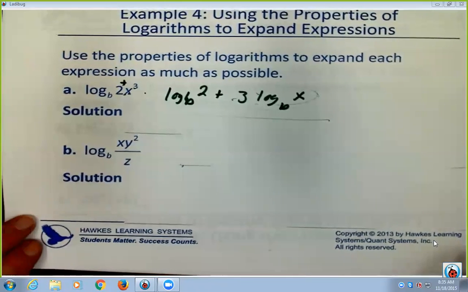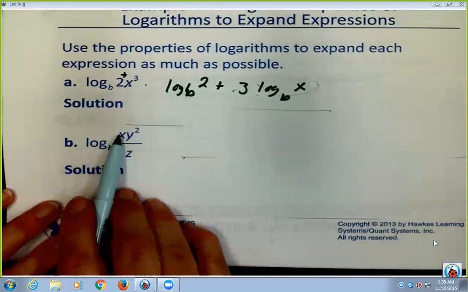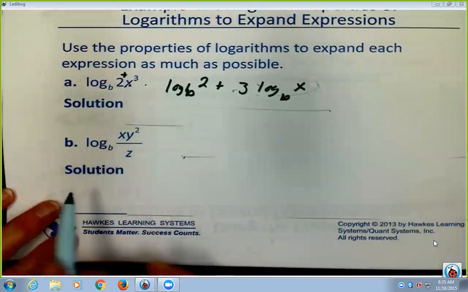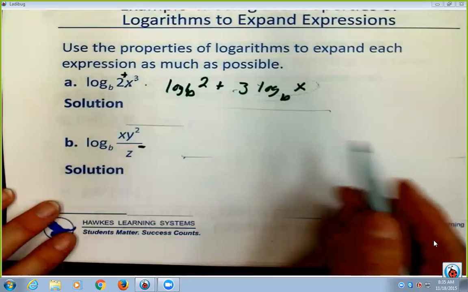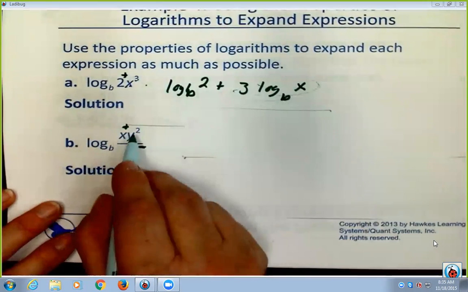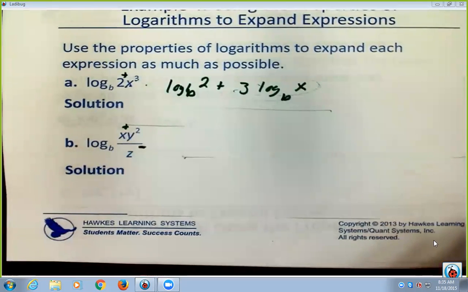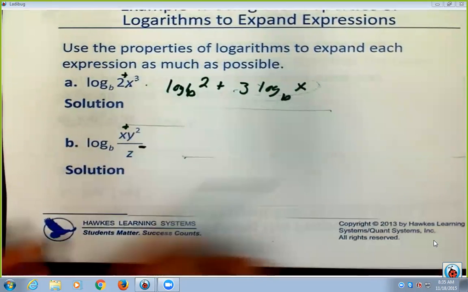So if we look at the next one in here, log base b of xy squared, multiplication on top, divided by z. So this means I need to subtract, I need to add, and I need to lower my exponent. Okay, so if you look at these and you write in your little pieces, it should help you out.